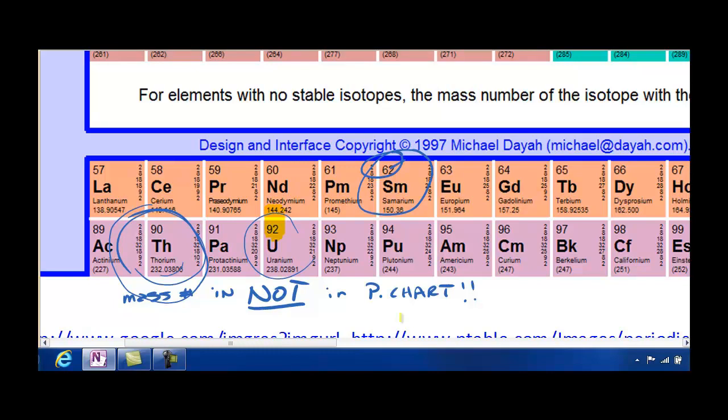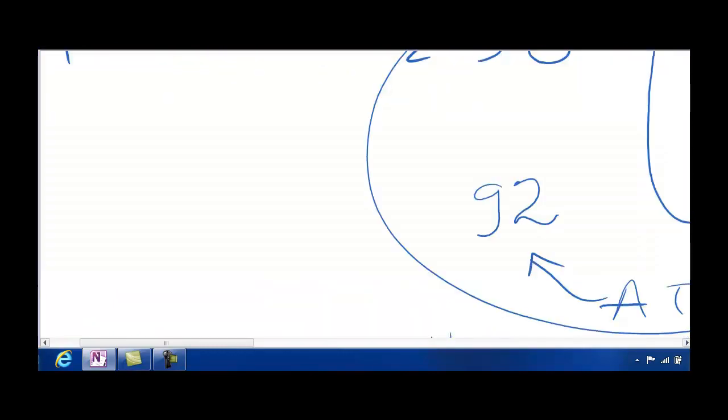Those guys are called atomic weights, which are weighted averages of all the isotopes taking into account their abundances. So we don't look at the top number in the chart. It's not 234, and that's our answer.